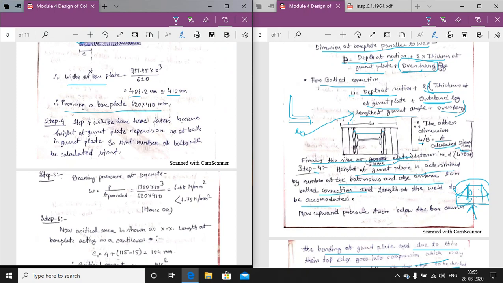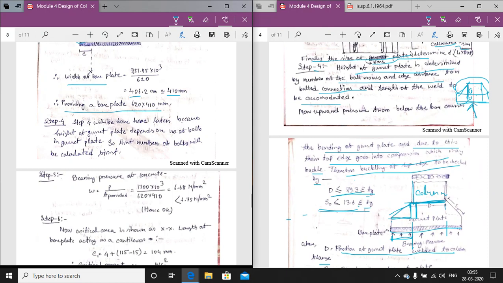Now what is step number 4? Here we have to determine the height of the gusset plate. The height of the gusset plate is determined by the number of bolt rows and the edge distance. Now we have determined the number of bolts in the gusset angle, but we do not have the number of bolts for the gusset plate. The number of bolts required for the connection of the gusset plate and the base plate with the column will be determined depending on the load capacity.